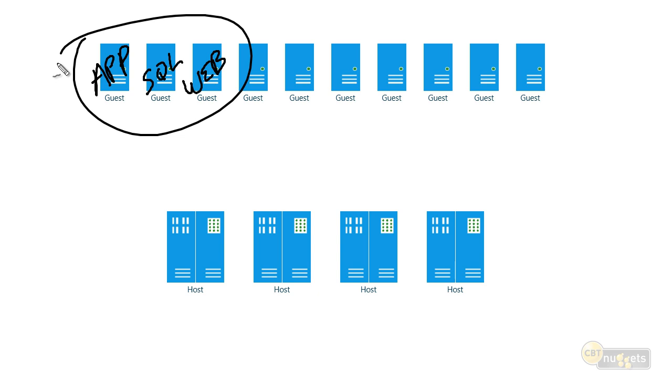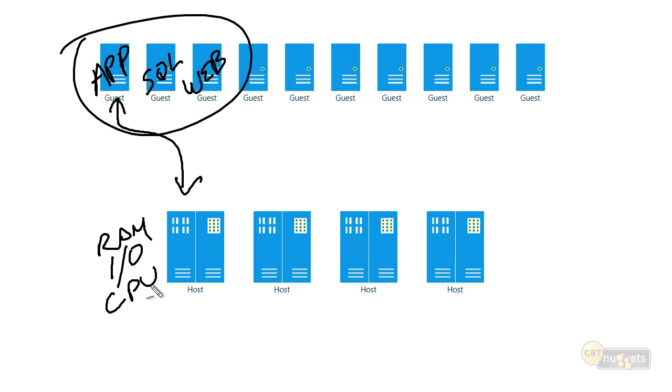Now, obviously, each of those has different needs and requirements, and so another thing we're going to be looking at are profiles. And that's saying something like, this virtual machine can only run on a host that has at least this much RAM, this much disk I/O capability, this much CPU capability, and so forth.